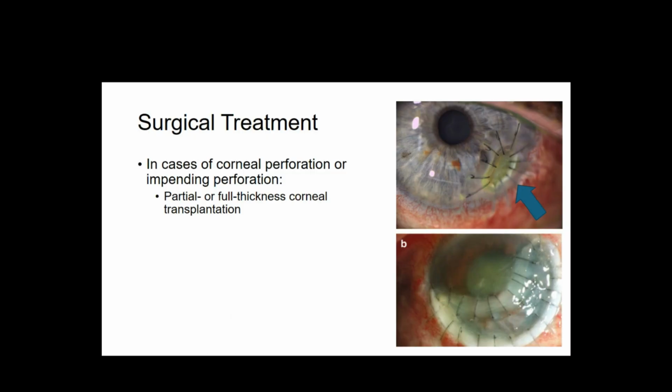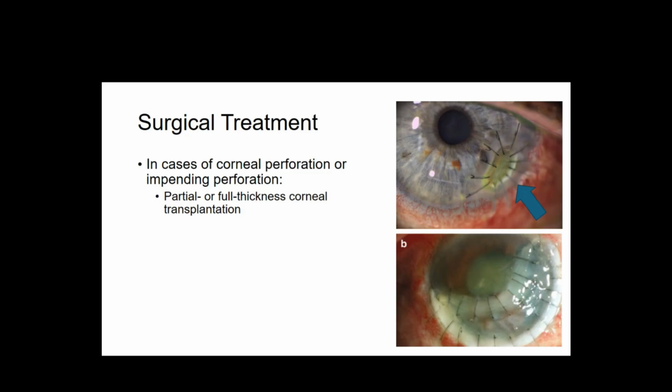But when we see a corneal perforation, then the condition, of course, is difficult. We have a peripheral lesion, meaning that when we use a corneal transplant, there is a quite high likelihood of rejection afterwards because of the proximity to the limbal vessels.